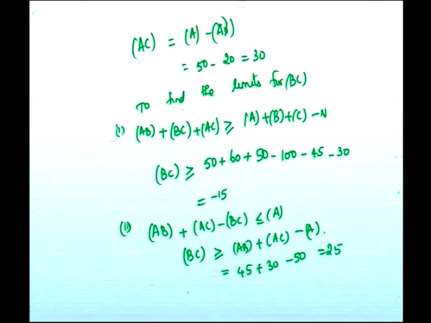So we have got one limit, that is 25 is less than or equal to BC. The left hand limit is found.